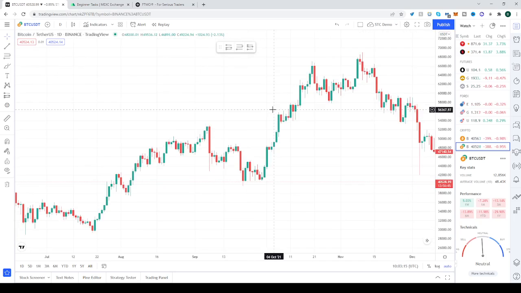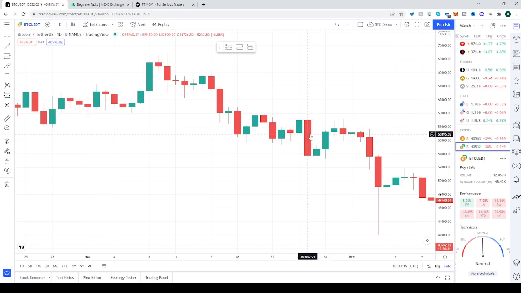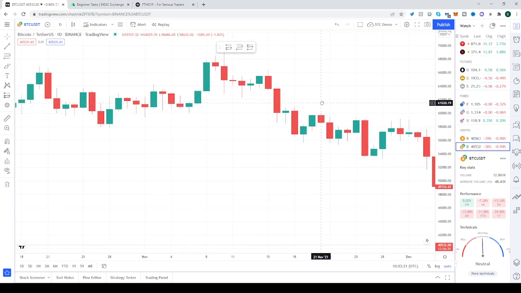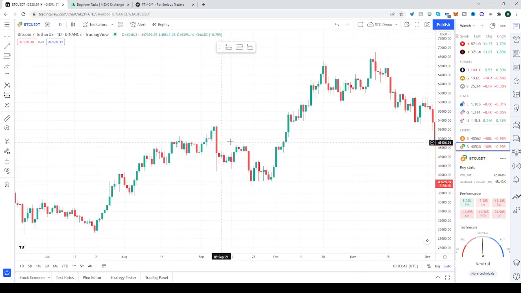Before we go in, I need to explain to you quickly what a candlestick is. A candlestick is essentially the change in price for a given period. It can be a day, it can be hours, it can be minutes. Let's just quickly set it. Okay, it's actually set to 1 day.